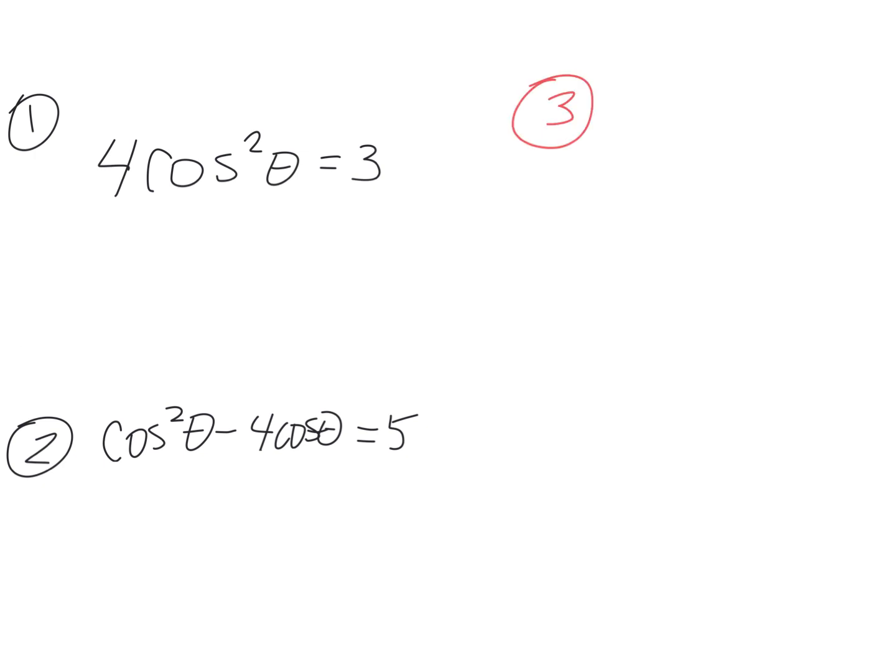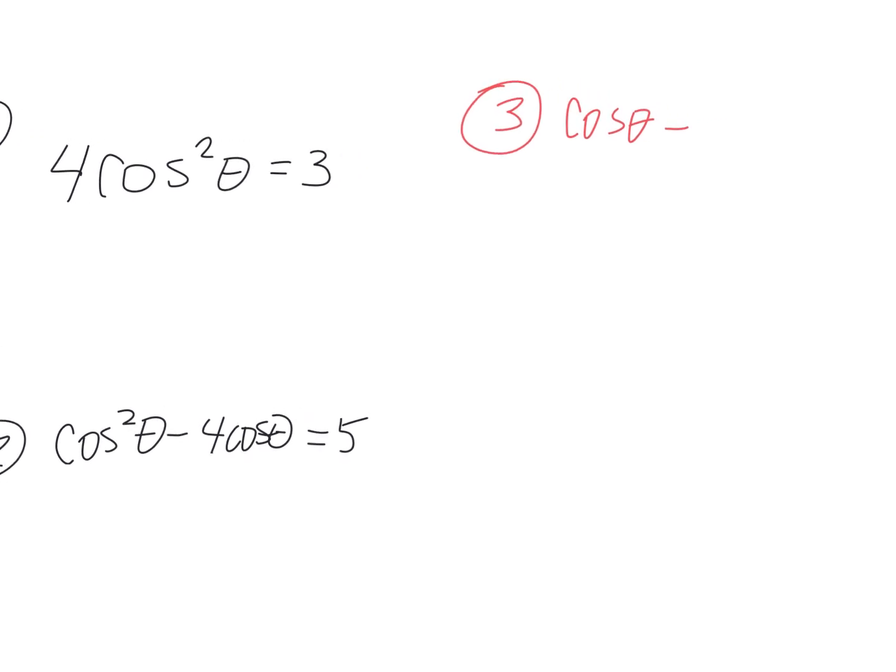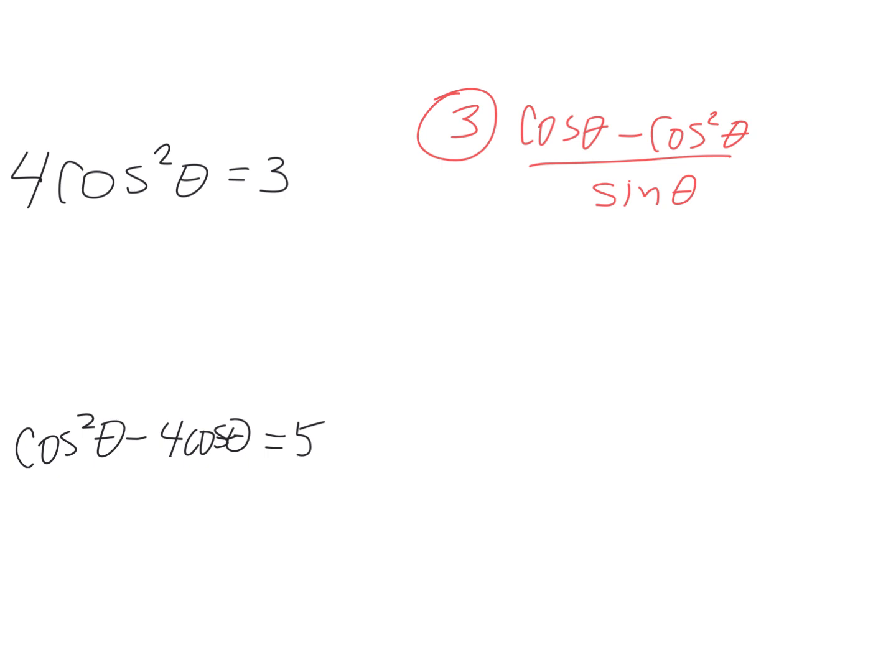And the last extra challenging one, cosine theta minus cosine squared theta all over sine has to equal 0.